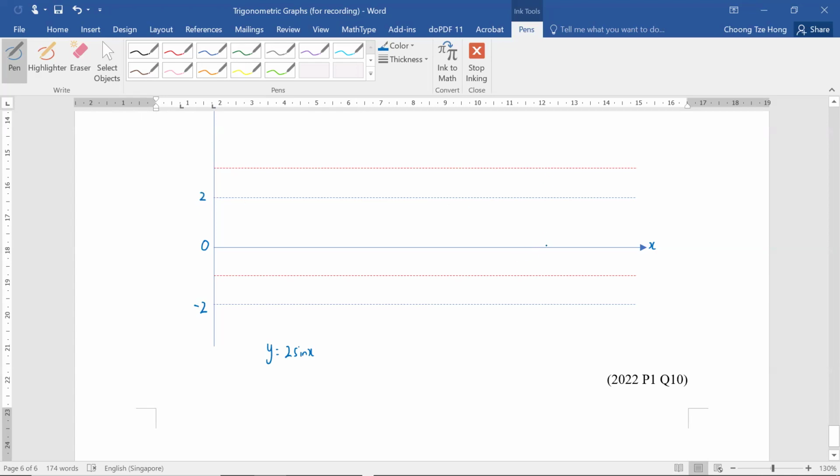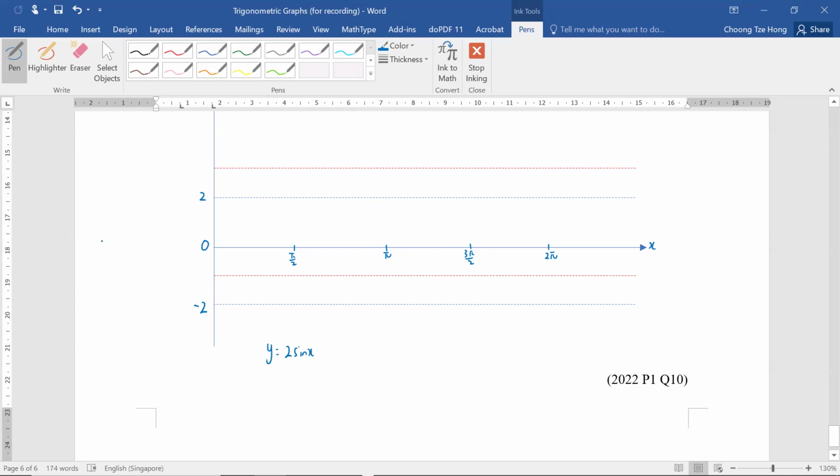Now I will set up the x-axis, so 2 pi. Since the period is 2 pi, we divide 2 pi into 4 equal parts. This will be pi, and then after that, further divide, so this will be pi over 2, and then 3 pi over 2.